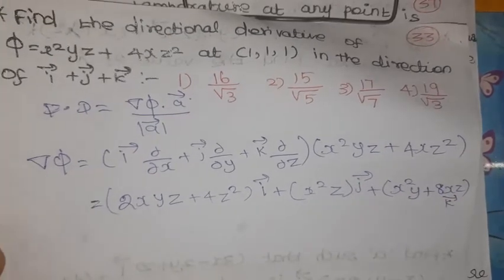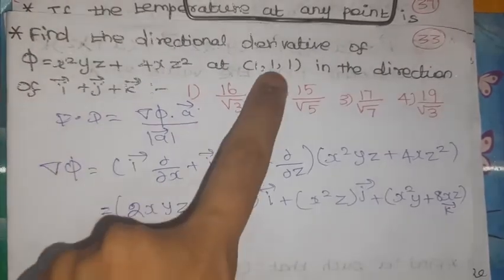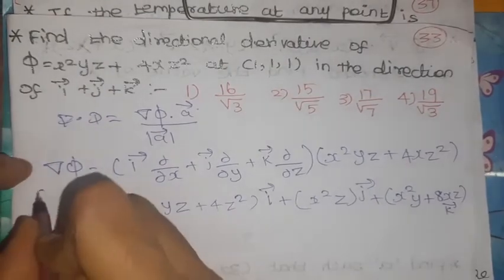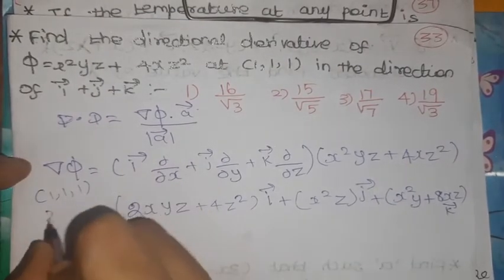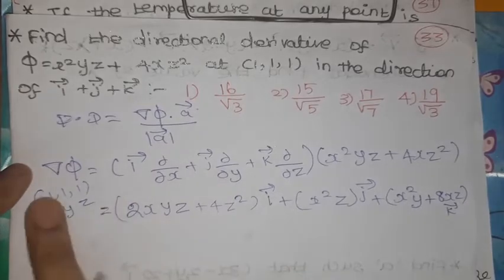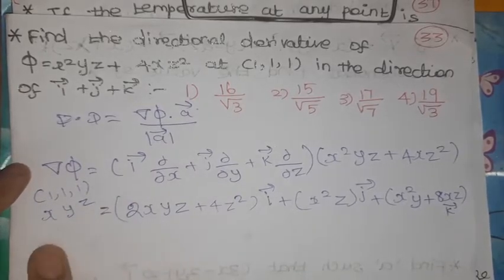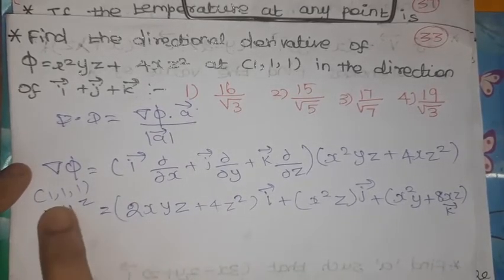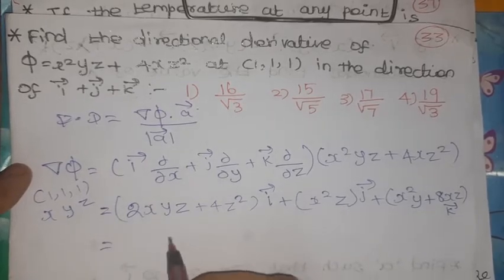So del phi at the given point 1, 1, 1: substitute 1, 1, 1 in place of x, y, z, all are 1. Very simple.